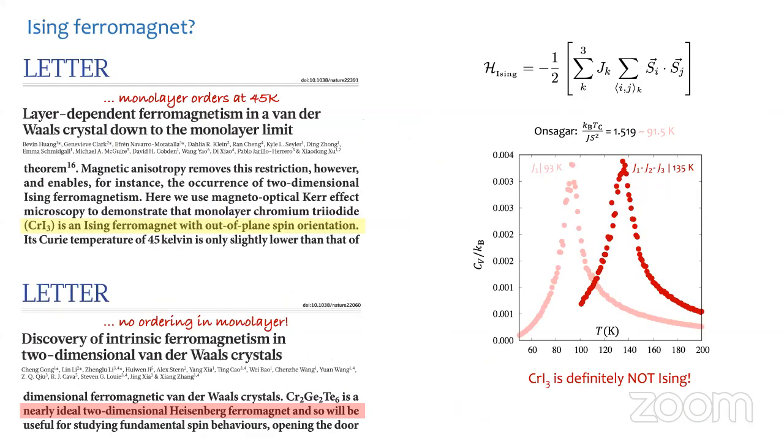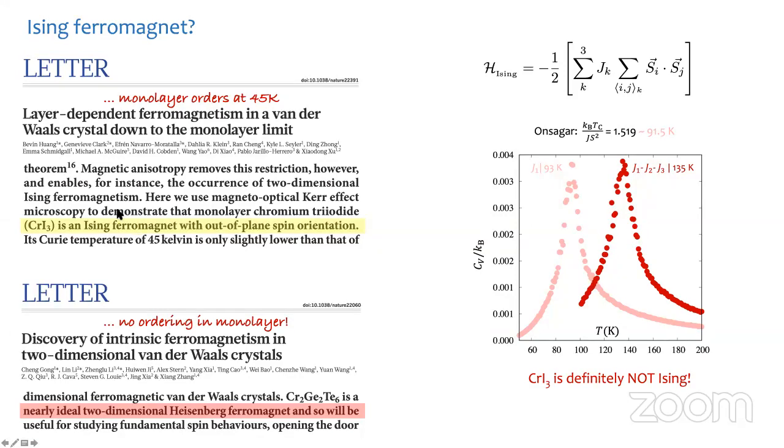So then why was it initially thought that CrI3 is an Ising ferromagnet? When you go back and read these two papers, you would probably understand why they initially thought so, because these two papers were published at the same time in the same volume of the journal by collaborating groups, and they knew each other's experiments very well.